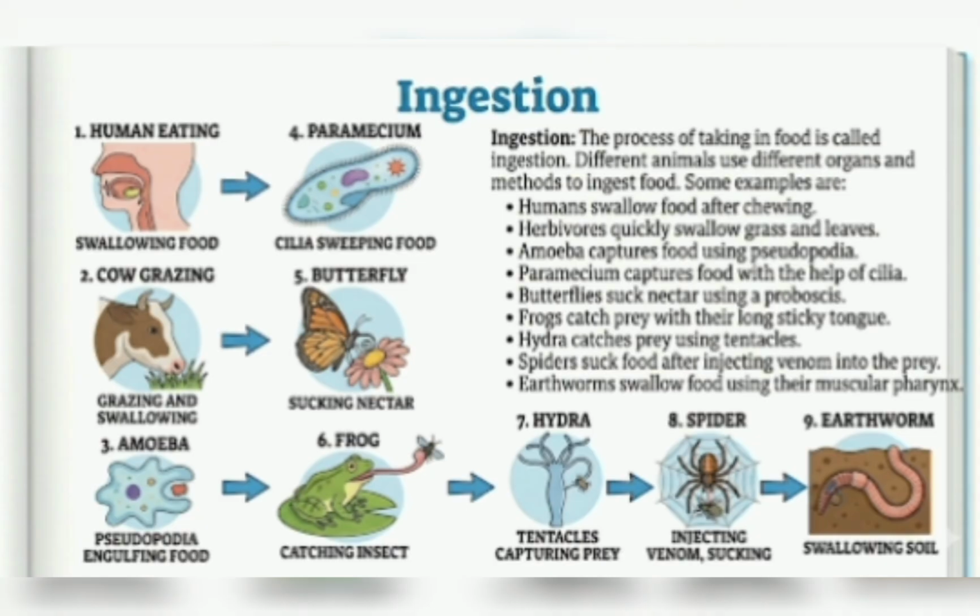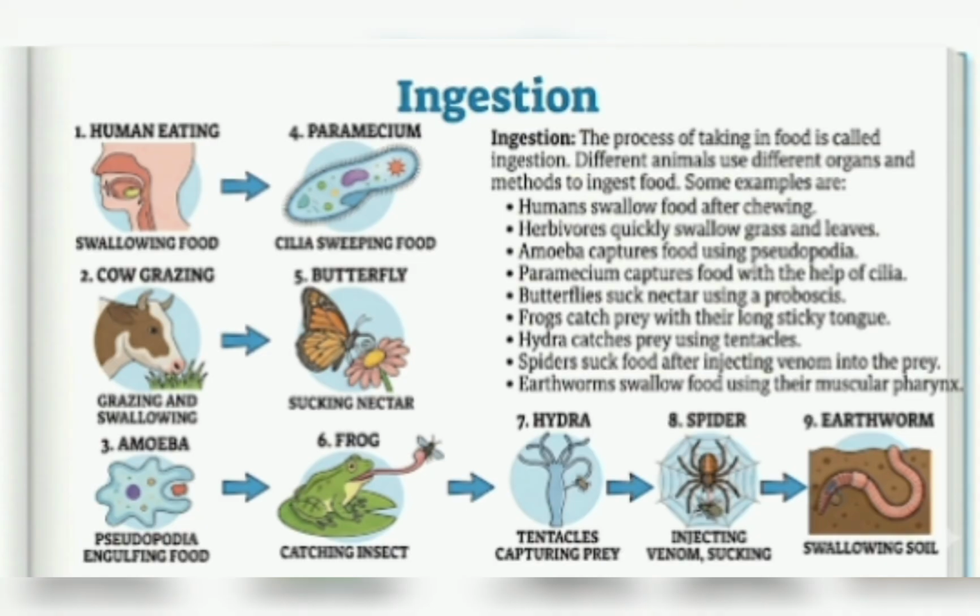Pseudopodia is a special organ which amoeba has to capture its food. It has the meaning of fake legs. Paramecium is also an organism which captures food with the help of structures called cilia.